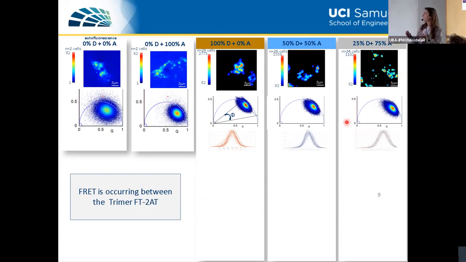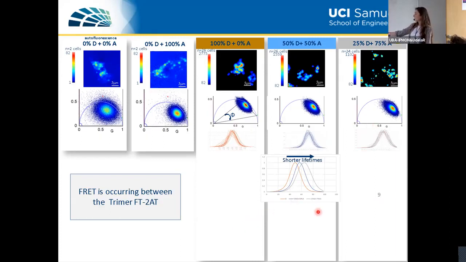You can see that there is some variability, but all the cells behave very similarly. If we put them all together, you can see that the lifetime gets shorter going from 0% acceptor towards 75% acceptor.